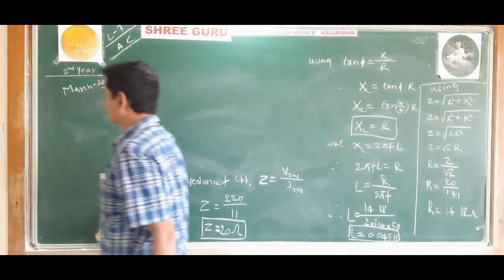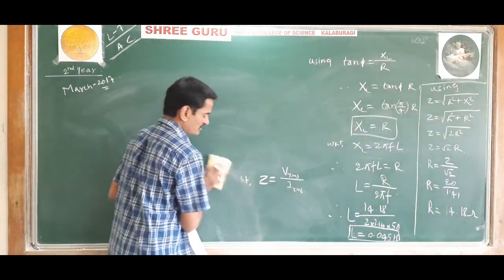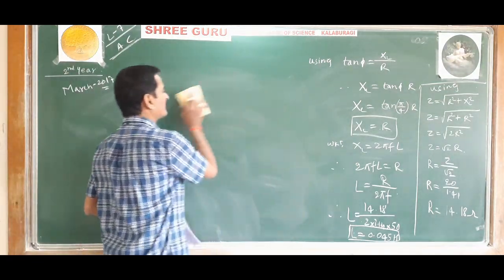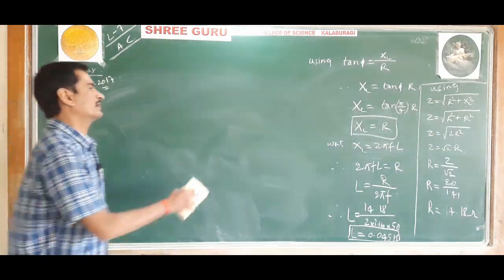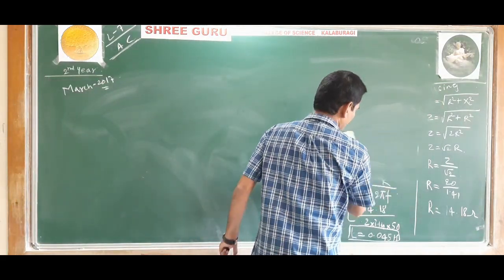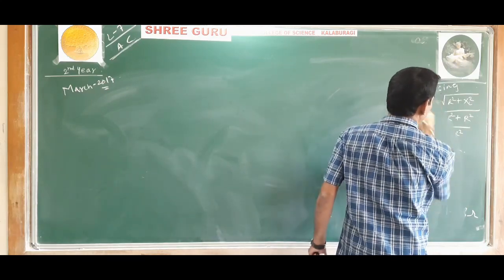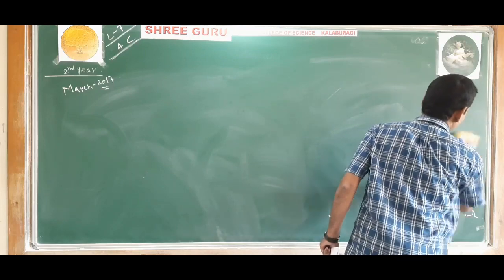Whether the current leads or lags the voltage, and by what angle it leads or lags, that is what we have to calculate. Understood the question? Read the question properly, and you will get what we have to calculate.